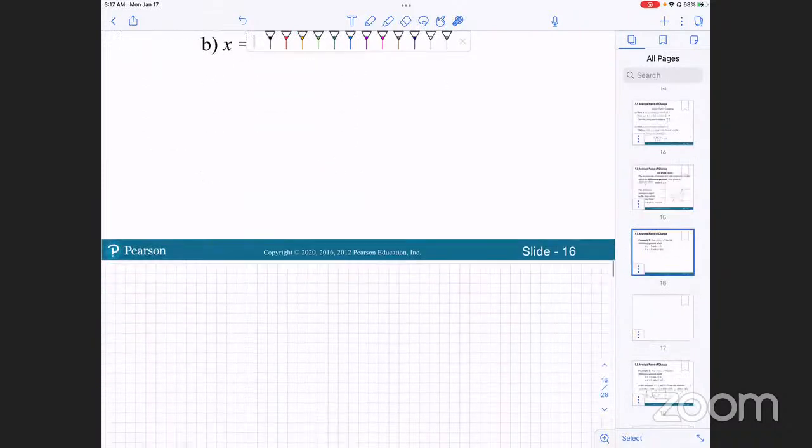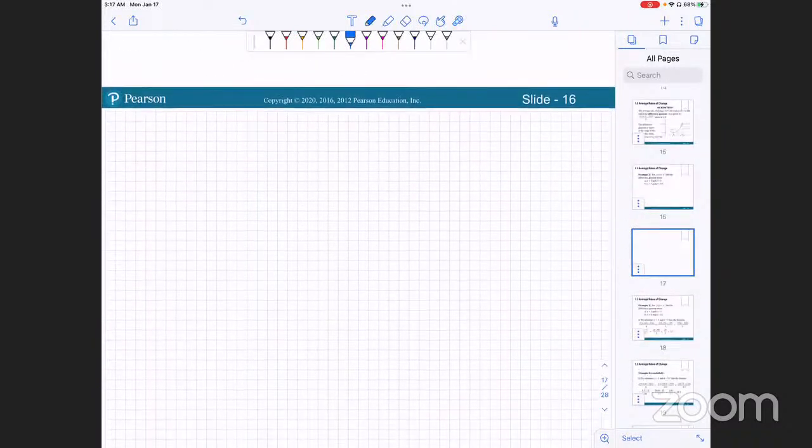So the general form of the difference quotient, I'm just going to say dq.